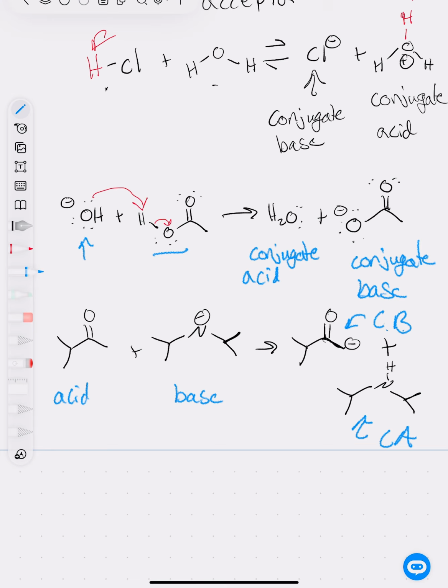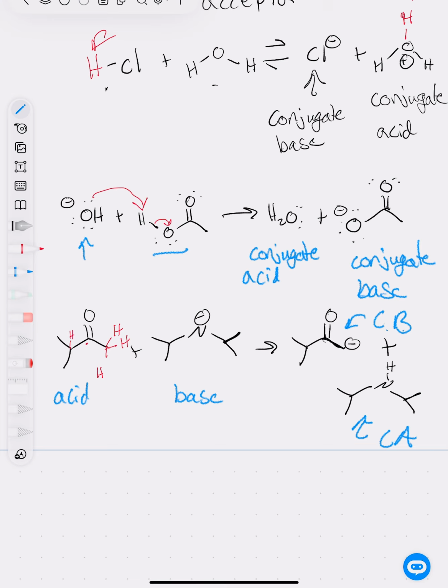So now we're going to look at the flow of electrons. We have to remember that this CH3 has 3 protons. This carbon has no protons here. This one has 1 proton.